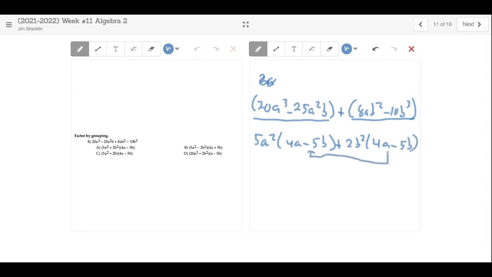They're the same. Love it. So that gives me 5a squared plus 2b squared, and then 4a minus 5b. Sorry about that. So 5a squared plus 2b squared, 4a minus 5b. So letter A does look like the correct answer, doesn't it? Letter A.